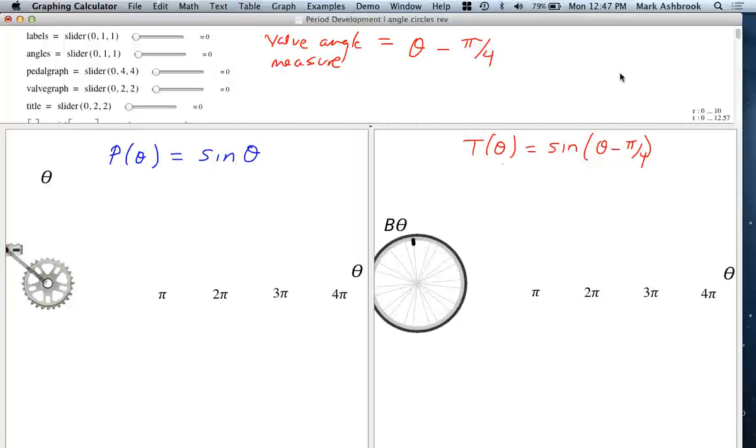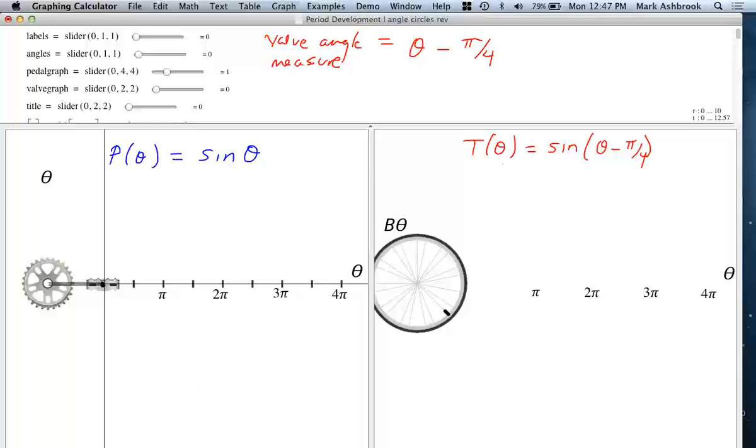Okay, so what's this going to mean for the graph? We know what sine theta looks like. Let's graph that. So here we go, there are 2 cycles of sine. Just sine as itself, that's the pedal angle.